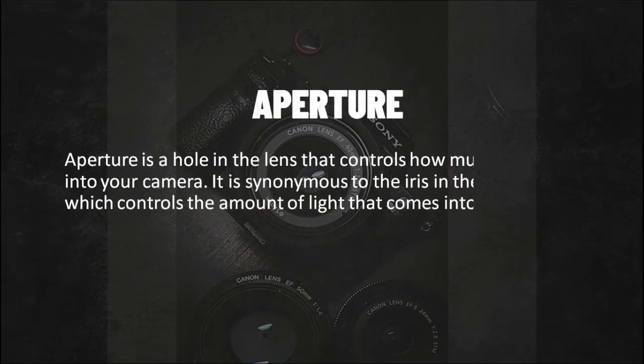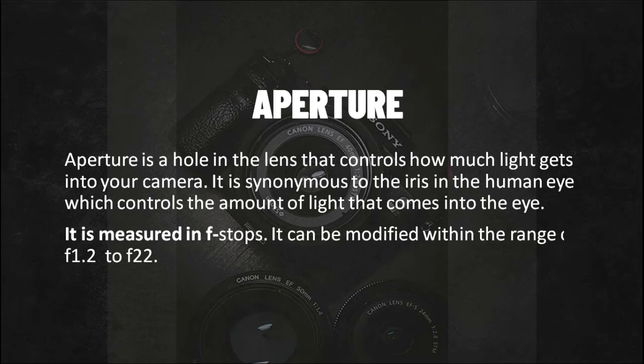Okay, now the next thing we want to look at is the aperture. The aperture is the hole in the lens that controls how much light gets into your camera. It is synonymous to the iris in a human eye, which controls the amount of light that comes into the eye.